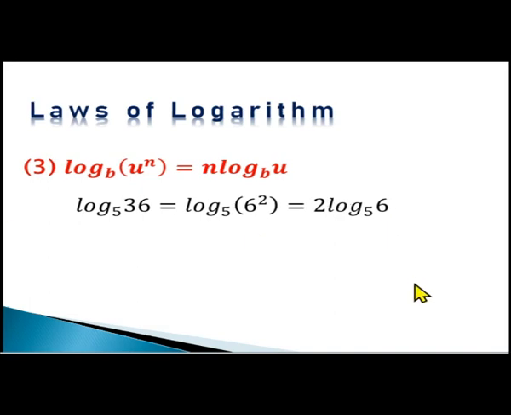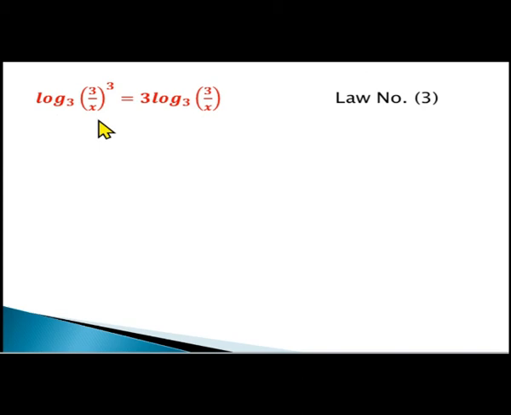Now let us go to an example wherein we can apply the 3 laws of logarithm. I have here an example, the logarithm of the quantity 3 over x, raised to the power of 3, with base 3. As you have observed, class, our given requires us to expand our logarithmic expression.